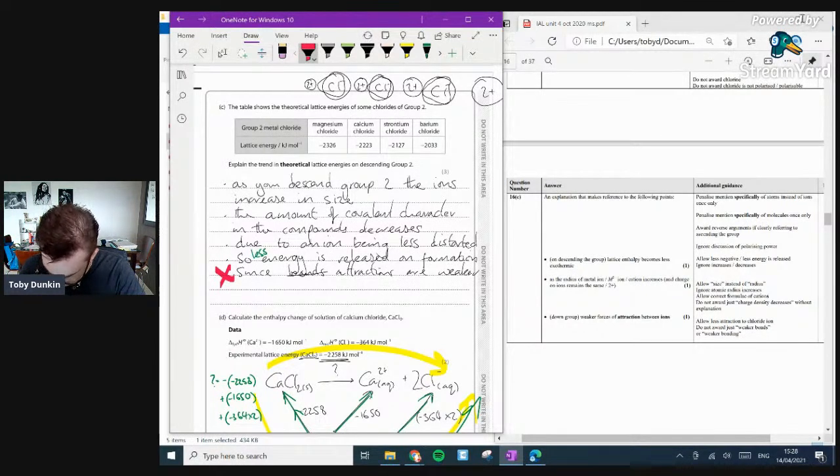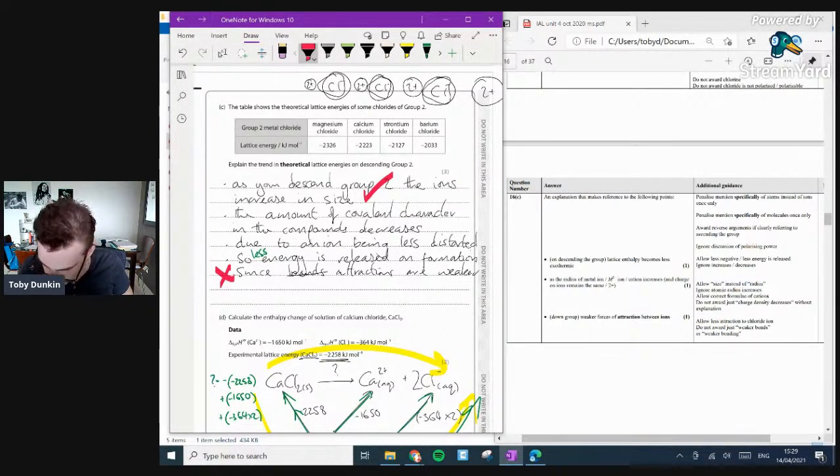As the radius of the metal ion increases, the ions increase in size. Lattice enthalpy becomes less exothermic. The size of the ion allows less attraction. Do not allow just weaker bonds. Penalize specifically molecules. Discuss polarization power. 3 marks. 1 mark for saying lattice enthalpy becomes less exothermic.